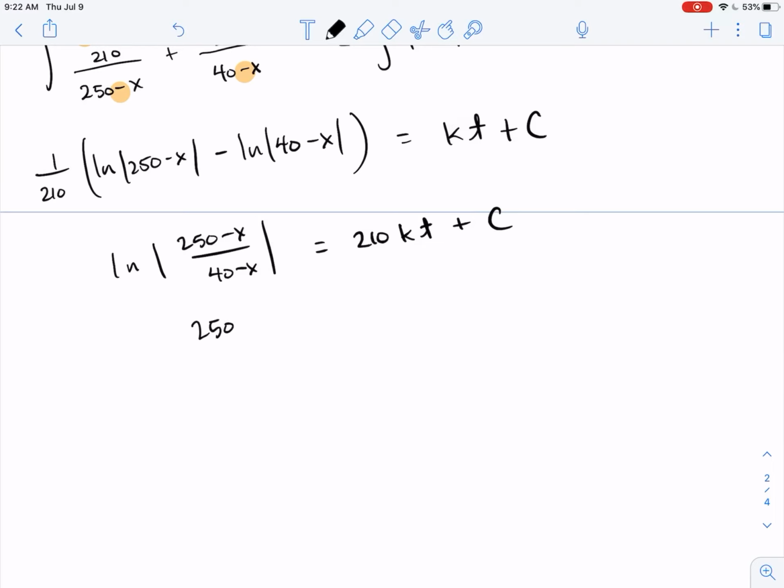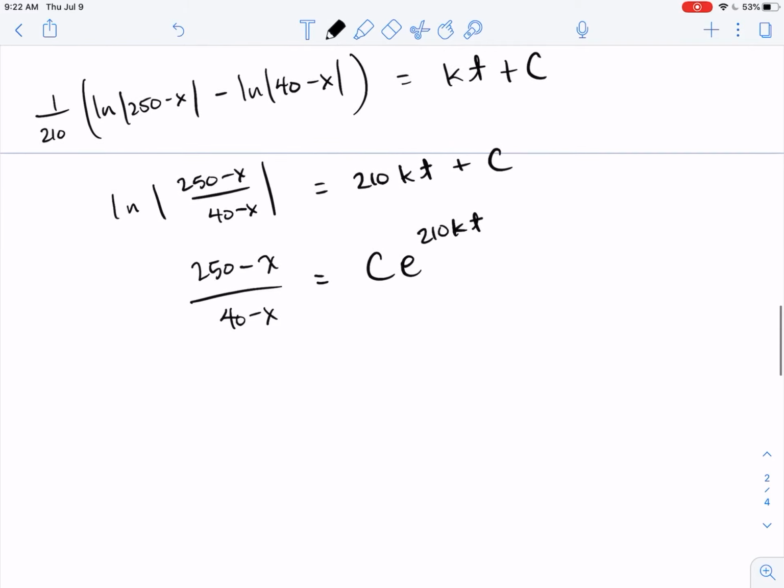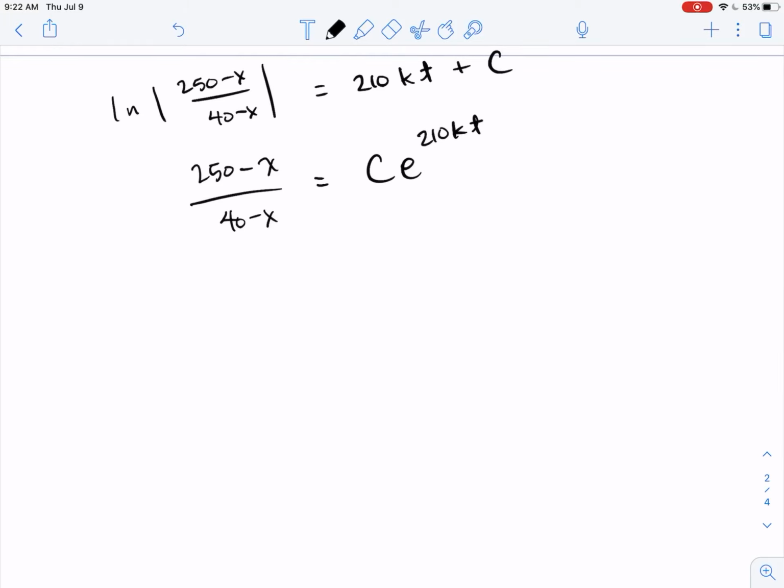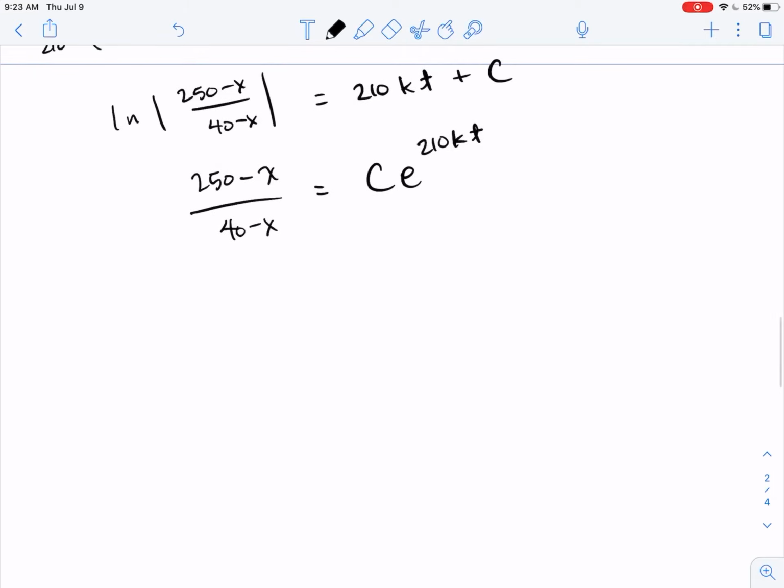So (250 minus x) over (40 minus x) equals c e to the 210kt. We can solve for c because we know our initial value, x of 0 is 0.